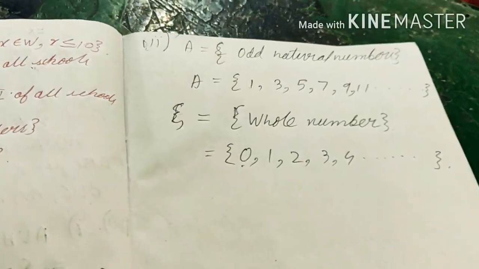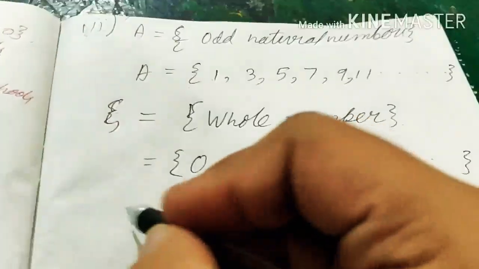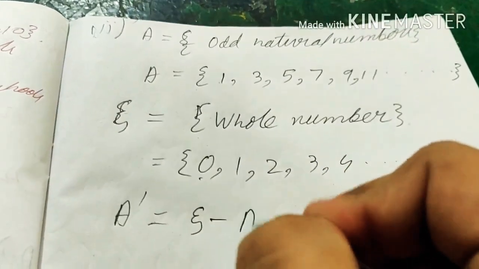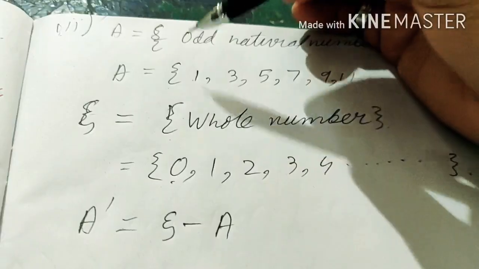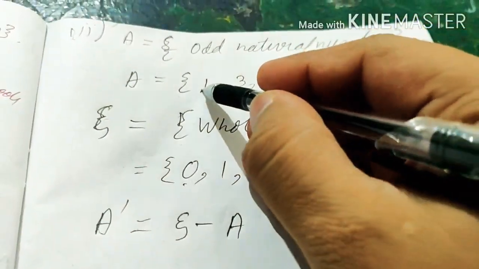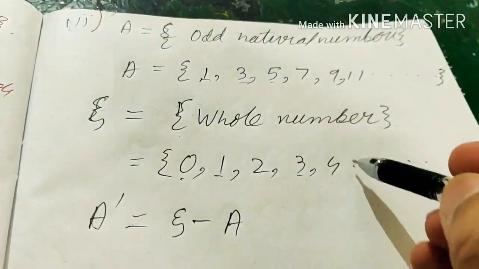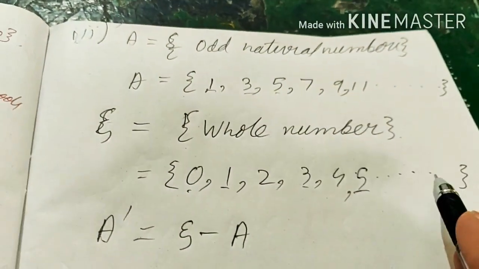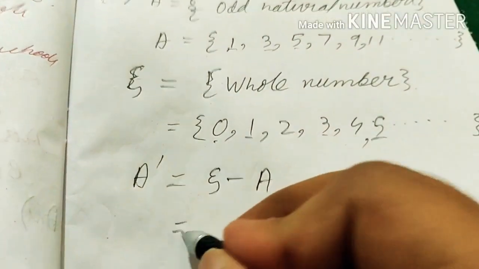It is also a never ending set, and we have to find A's complement, that is universal set minus A. We have to eliminate all those elements of A from the universal set. That is, if we see what is common here, 1 and 1, then 3 and 3, and 5 and 5. Means all the odd numbers are eliminated from this set. What are we left with?